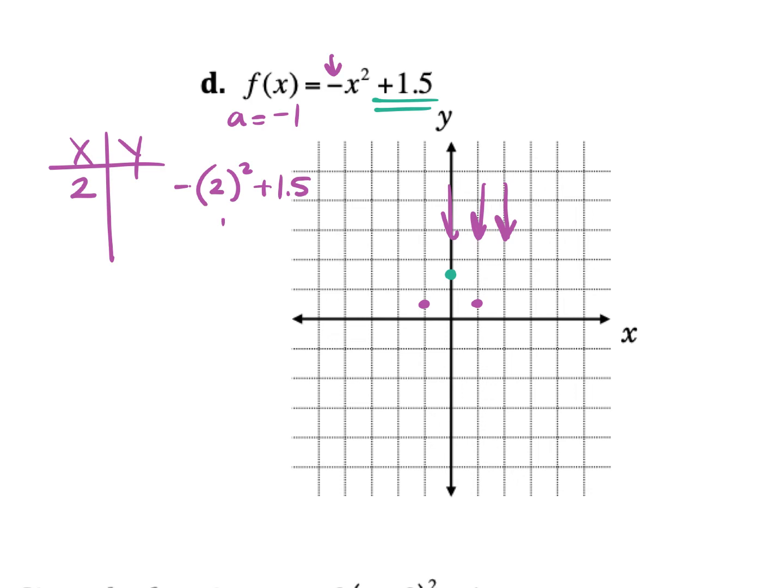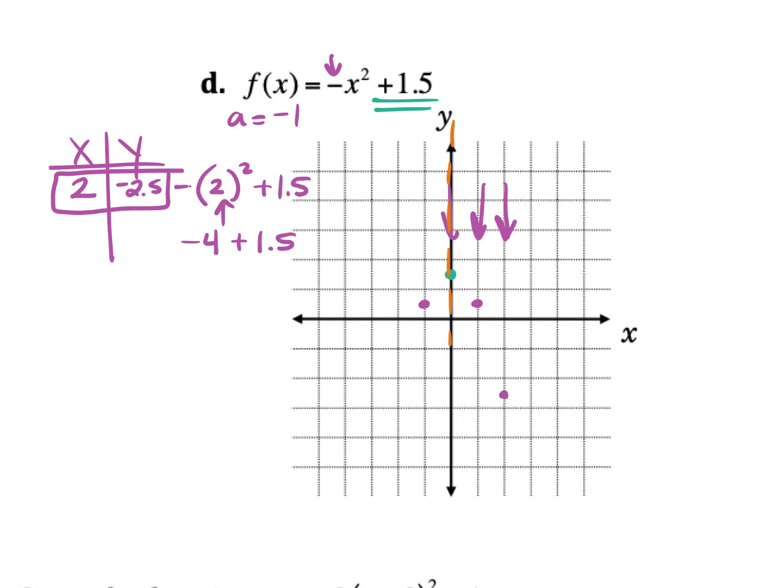Okay, so we square this. 2 squared is 4. So this is -4 plus 1.5, which is what? Negative 2.5. So this is the point we're going to plot. So 2, negative 2.5 would be here.